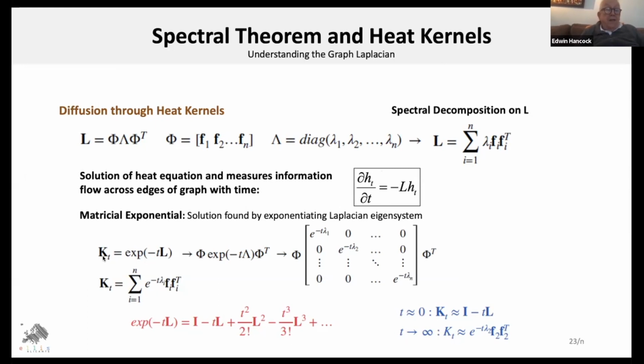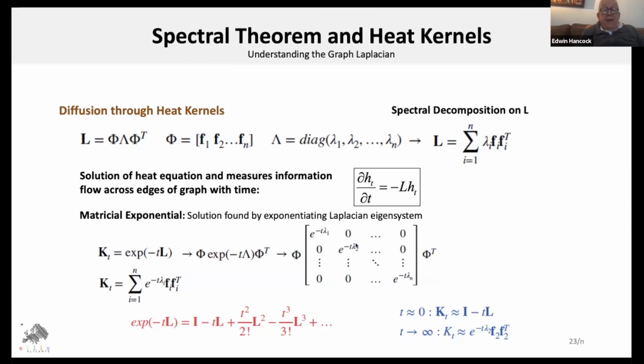And so here is the heat kernel written as an exponential function of the Laplacian with time. It's e to the minus t times L, where this is matrix exponentiation. And I can write that expression for the heat kernel trace simply in terms of the matrix of eigenvectors of the Laplacian, the exponentiation of the eigenvalue matrix with negative time, times the transpose of the eigenvector matrix.